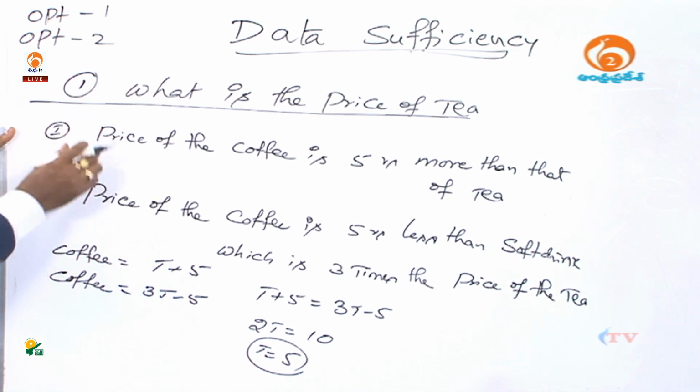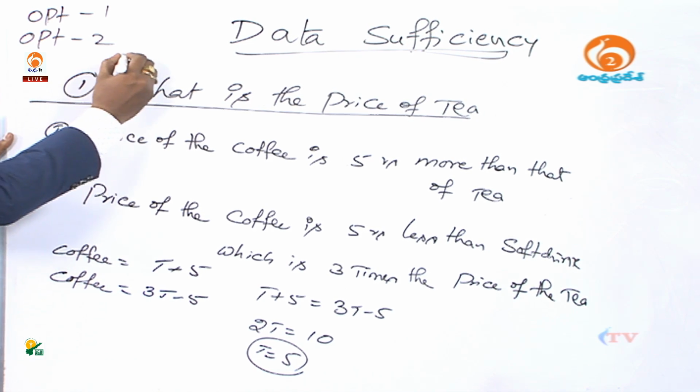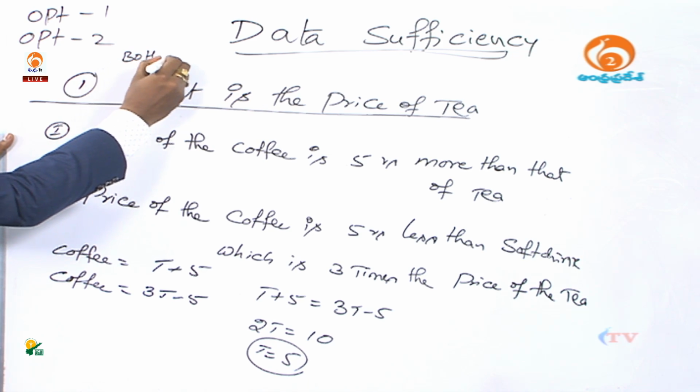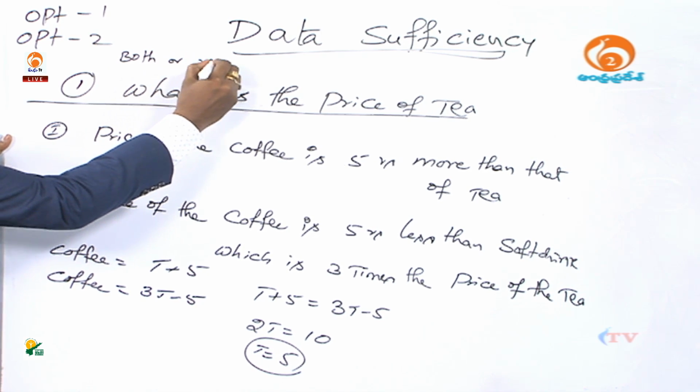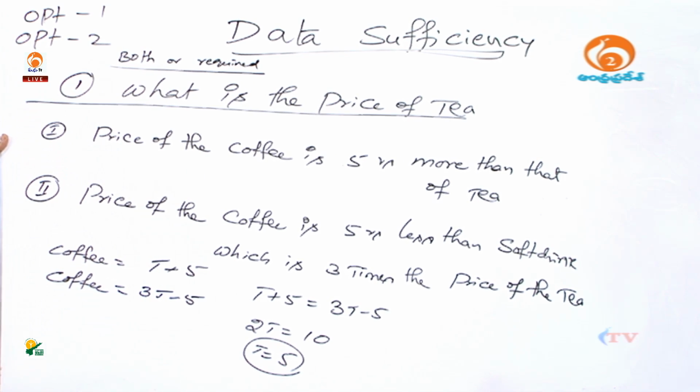So by using conclusions 1 and 2, the price of tea is 5 rupees. At this time both conditions are required to conclude the given question.